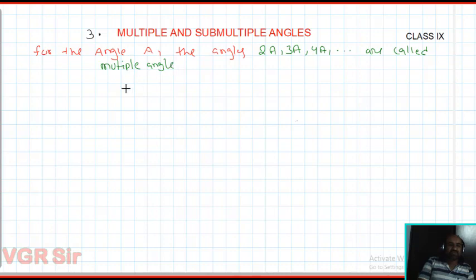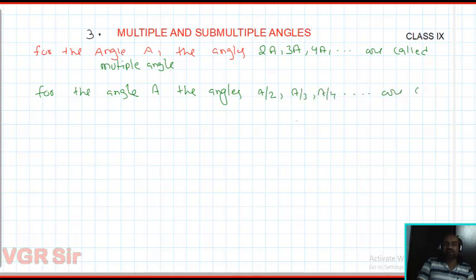Next thing, for the angle A, the angles A by 2, A by 3, A by 4, so on, are called submultiple angles. So our topic is how to find trigonometrical ratios for multiple and submultiple angles.